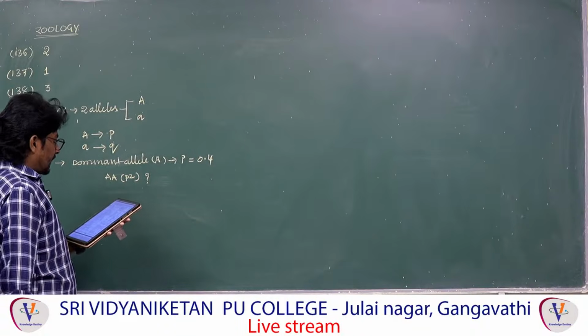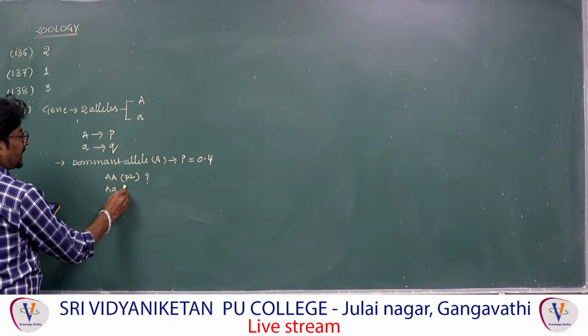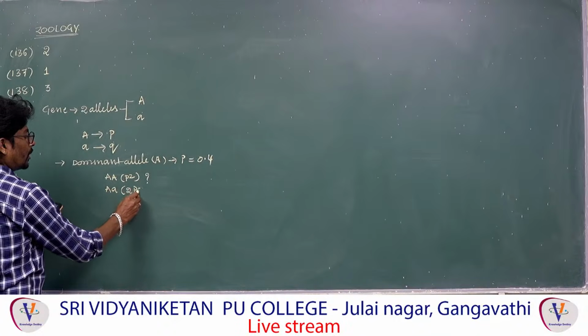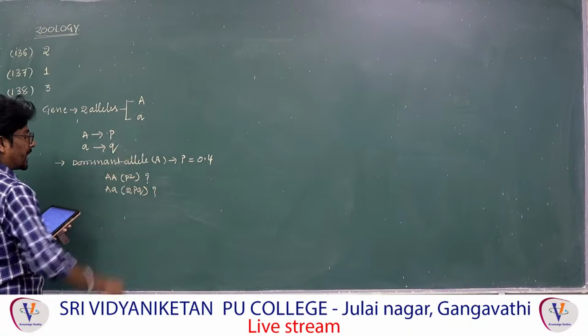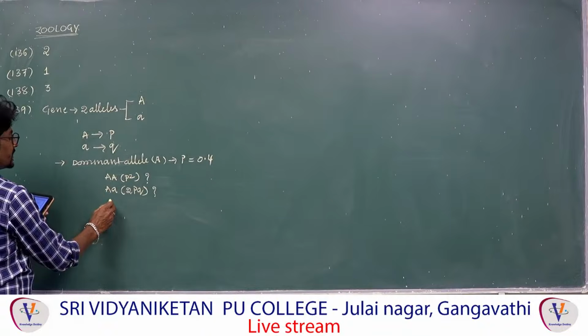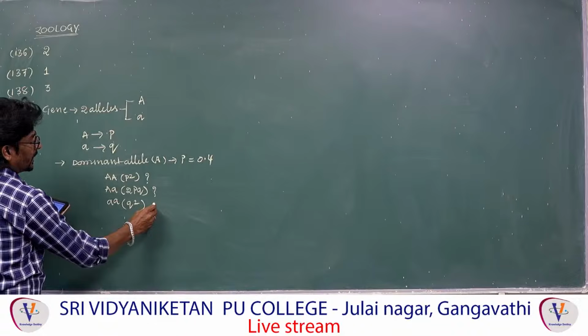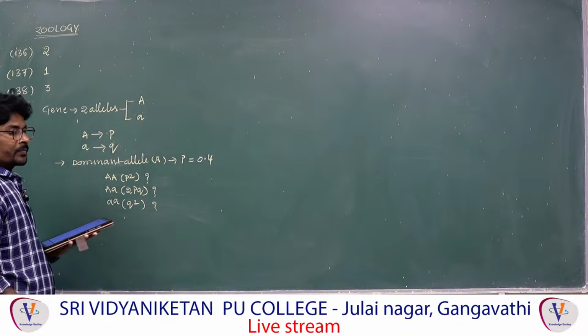The heterozygous dominant, capital A small a, is 2pq. And also the homozygous recessive individual, small a a, is nothing but q square, that we need to find out.